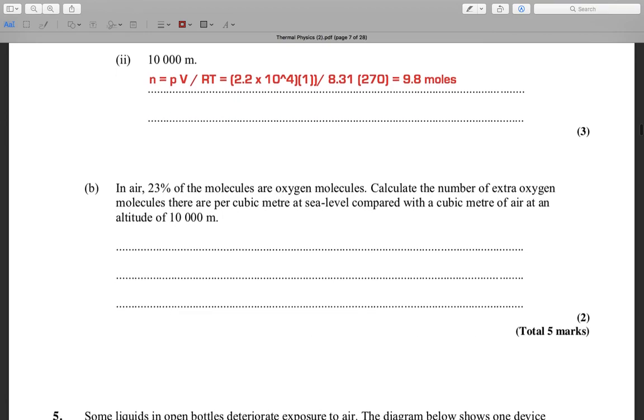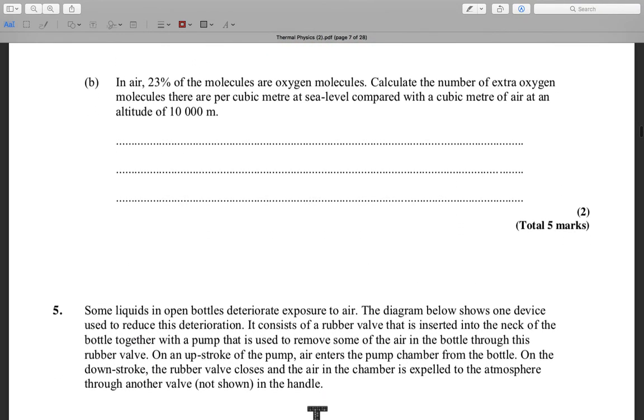Now question B. In air, 23% of the molecules are oxygen molecules.